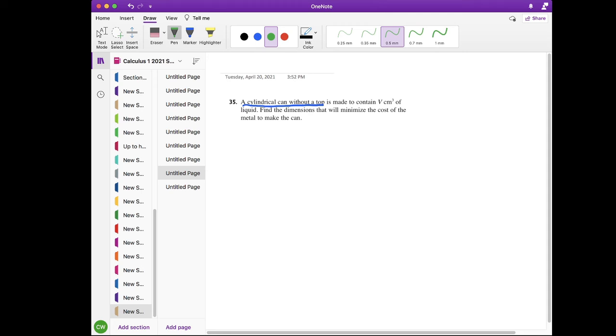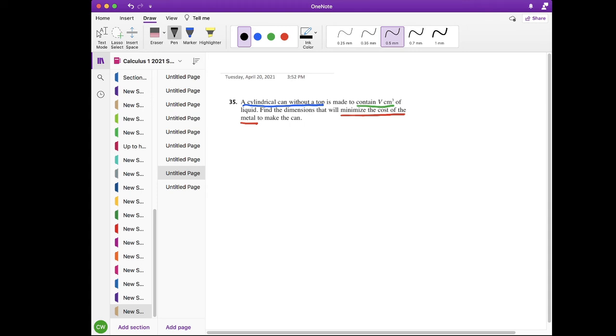It contains V amount of liquid, and you want to minimize the cost of metal. So what do we know? We're coming up with a formula, not a specific value of volume. We're going to make up the formula that will minimize the cost.